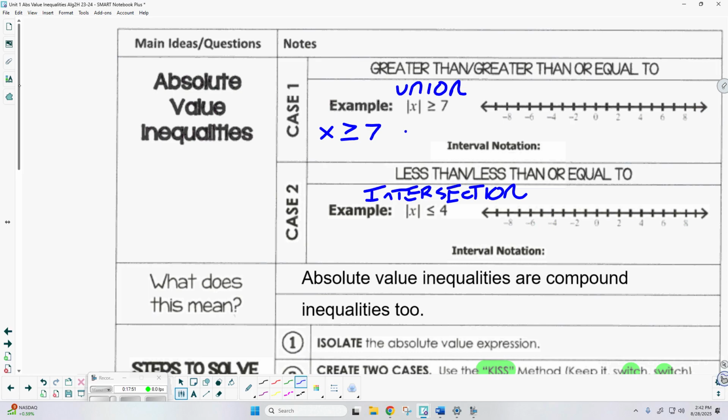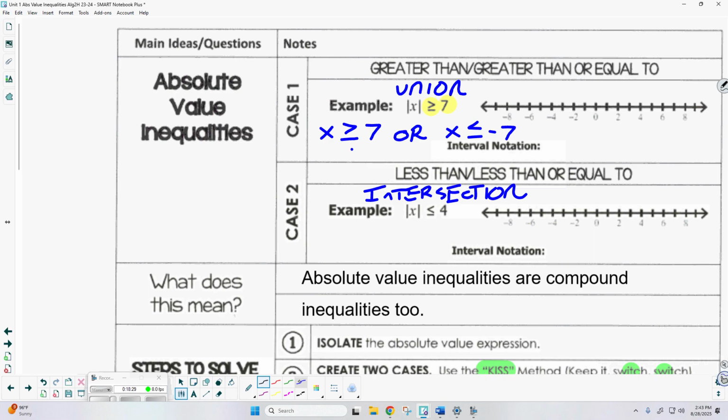So it's this inequality or, so we keep it, and now we're going to switch. We highlight this, we're going to switch the symbol, and we're going to switch the sign of my number. So x greater than or equal to 7 is now going to be x less than or equal to -7. That's what KISS stands for.